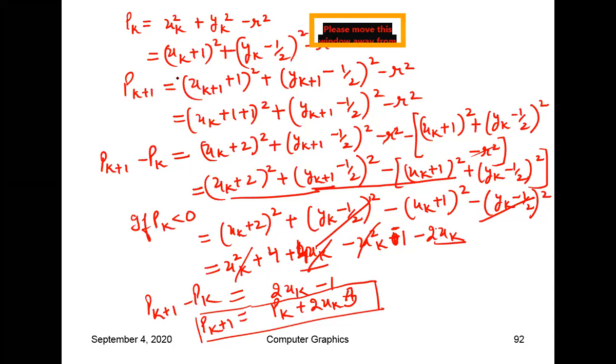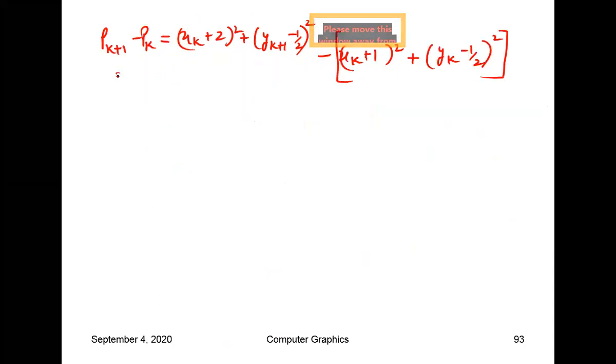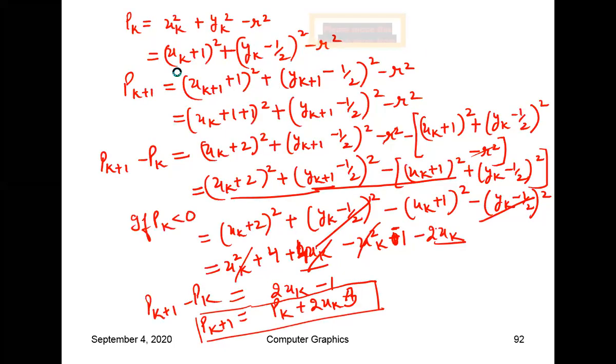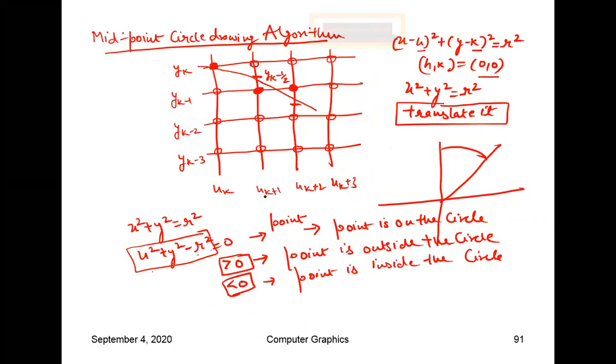Okay. So in this case, if the previous pk was greater than 0, then the point is outside the circle. That means if the midpoint is outside the circle, the lower pixel is to be chosen. The lower pixel means yk minus 1.